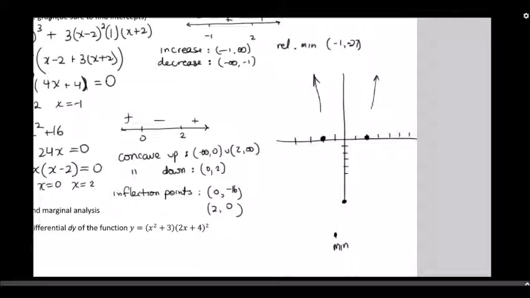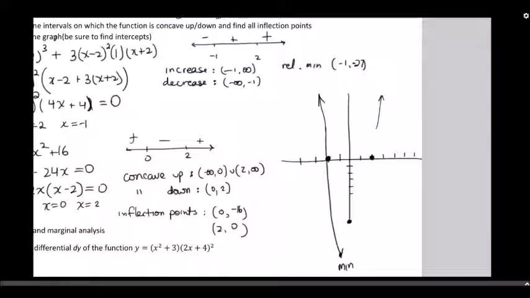Okay, so the graph needs to be decreasing from negative infinity to negative 1. Then it starts to increase from negative 1 to infinity. So it's increasing the whole way.